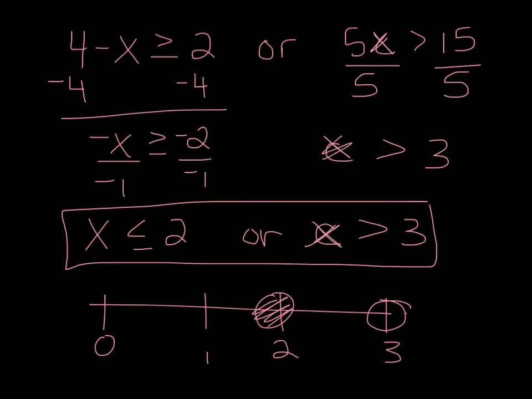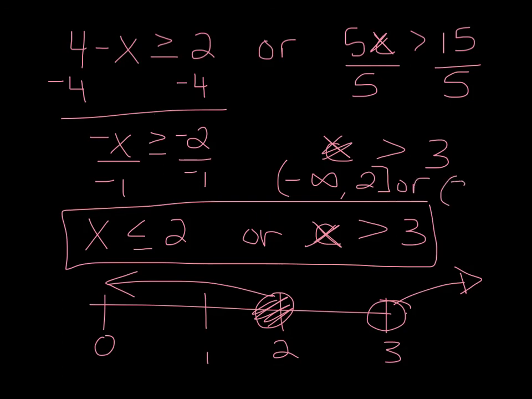We should have the same variable. Okay, so x is less than or equal to 2, or x is greater than 3. So there is your graph for that. Interval notation then would be from negative infinity to 2 bracket, or from 3 to infinity parentheses.